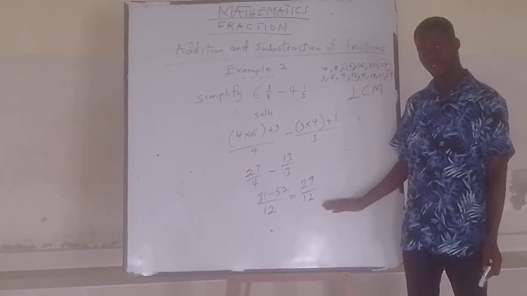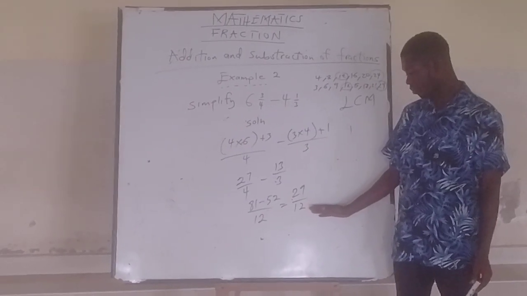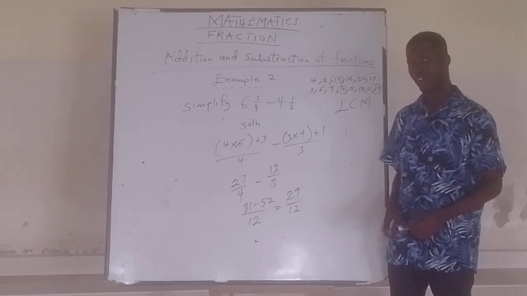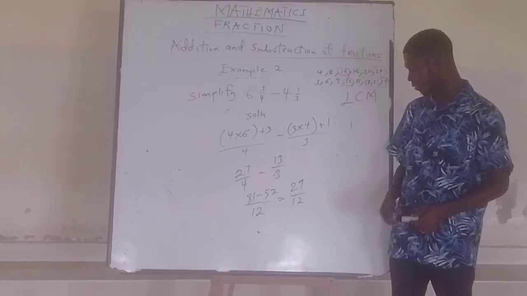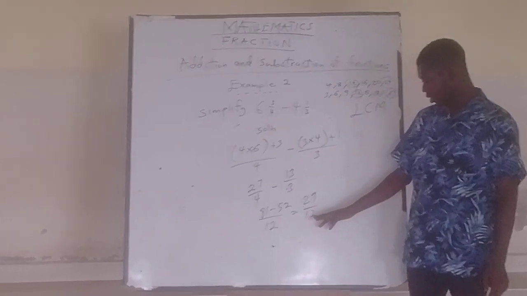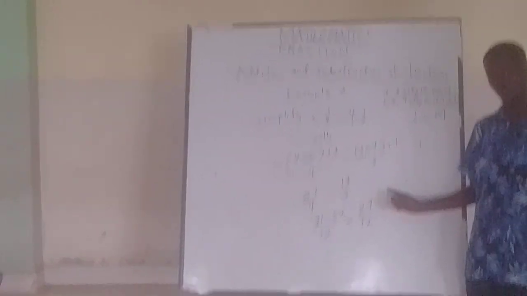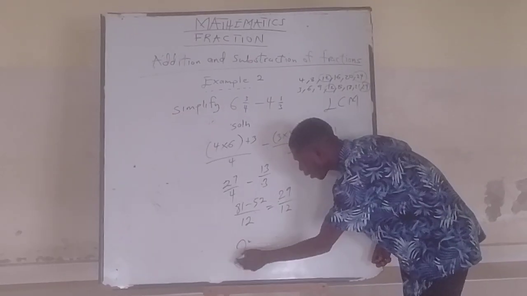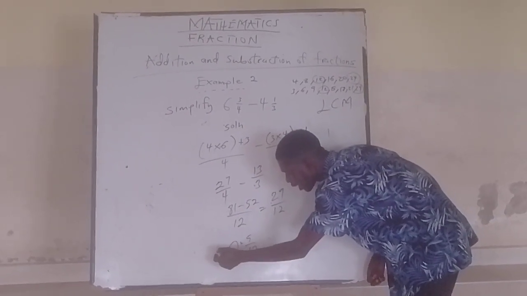Then after that, you can decide to change the 29 over 12 into a mixed fraction, instead of leaving it as an improper fraction. So 12 goes into 29 2 times, that's 24, leaving a remainder of 5. So 2 and 5 over 12 is the final answer.